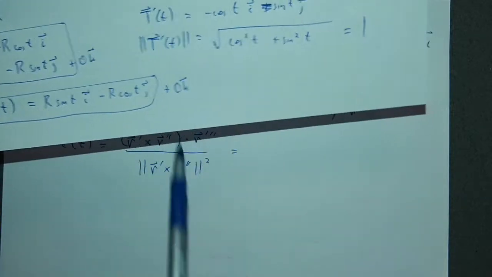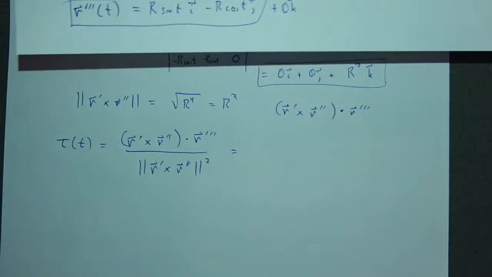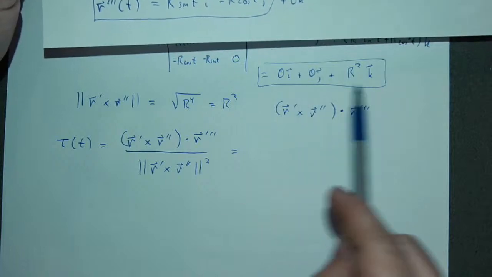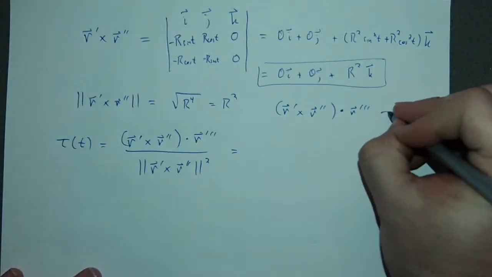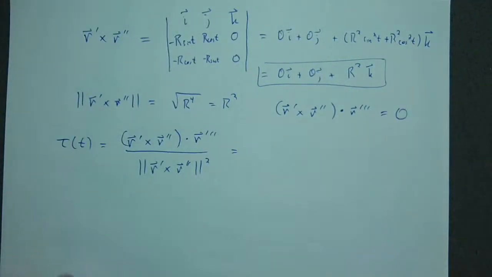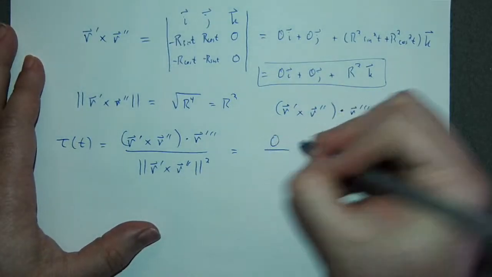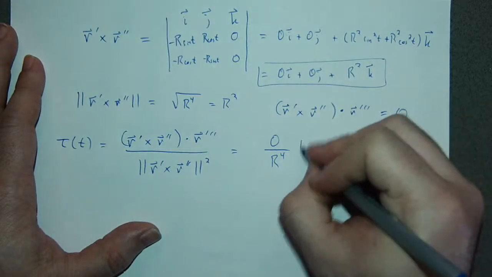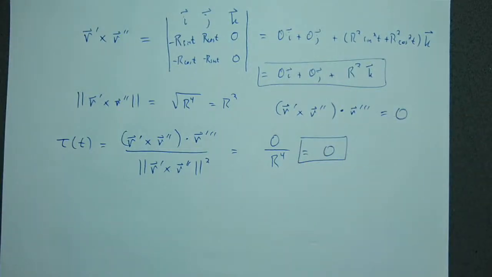So what is that dot product? What's the dot product of this vector and this vector? 0. And so the torsion is 0 over r to the 4th, whatever, we don't care, it's just 0. Okay, so the torsion of the circle is 0.